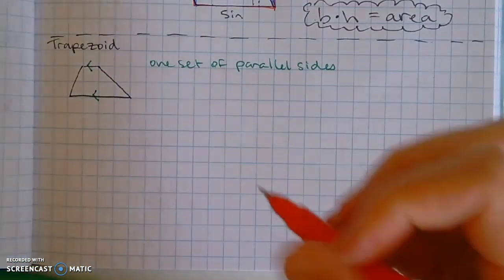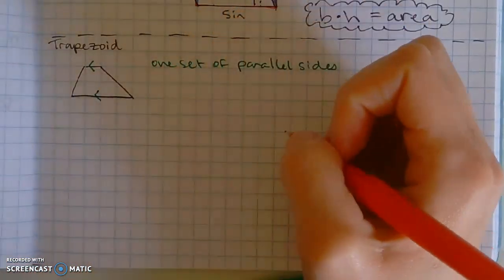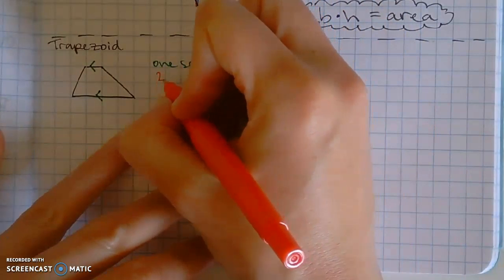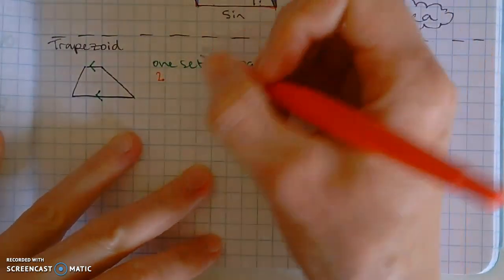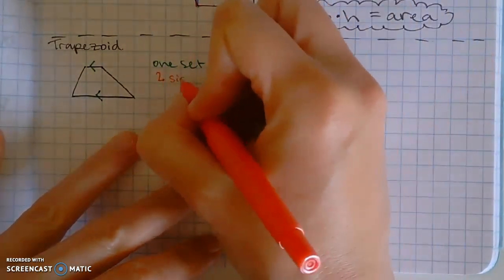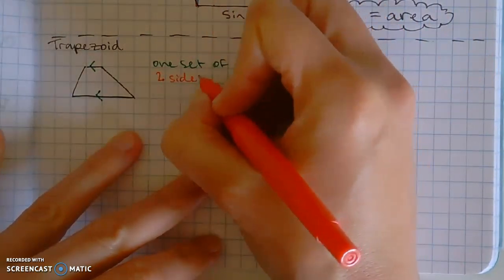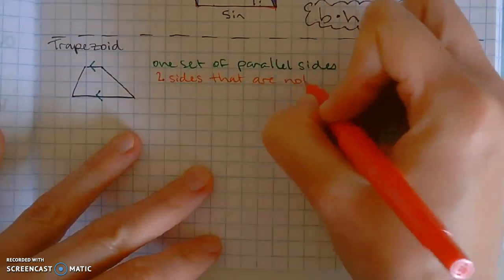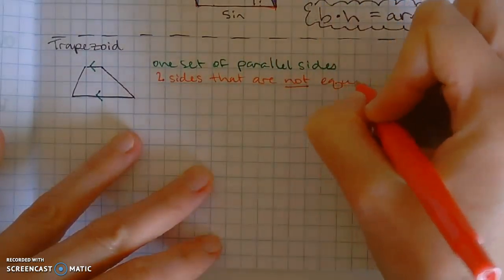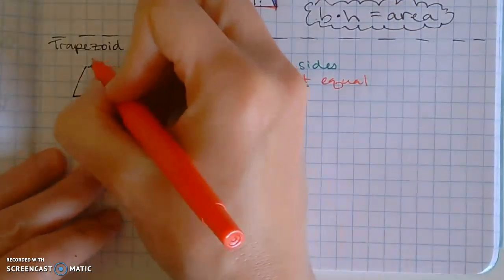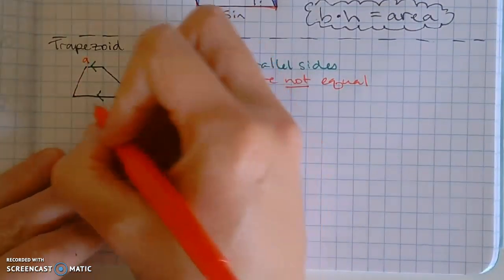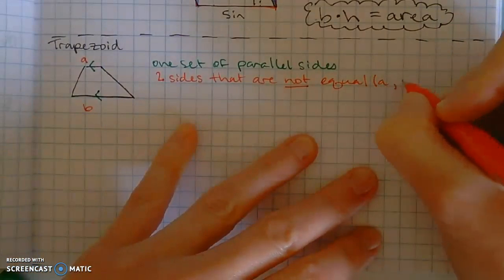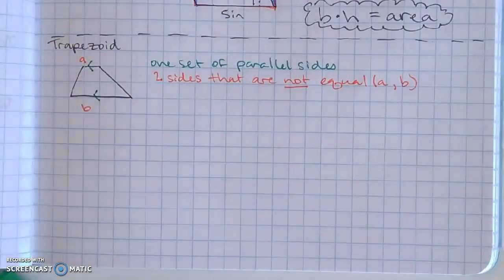Then you have two sides that are not equal. So this is side A, and this is side B. So A, B, okay?